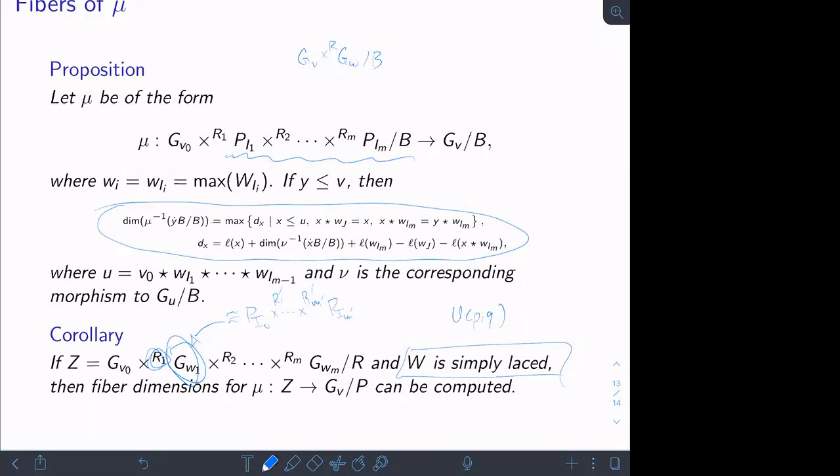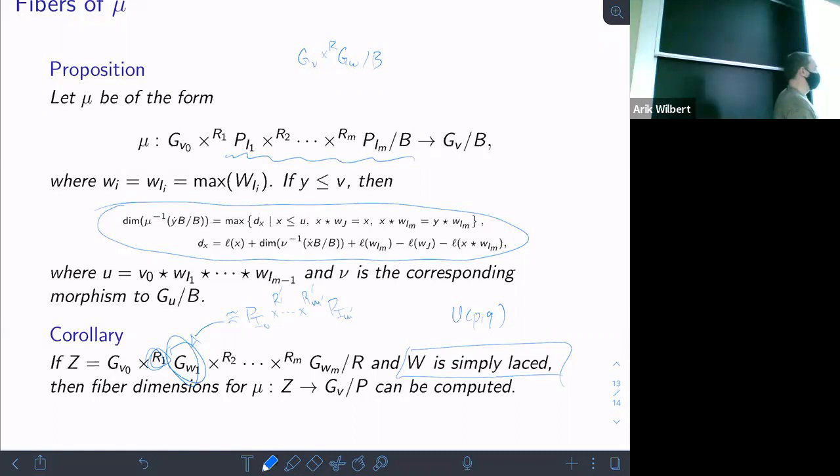That simply laced issue comes up too, because types B and C are expected to have the same values, but you don't expect the answer to be the same.